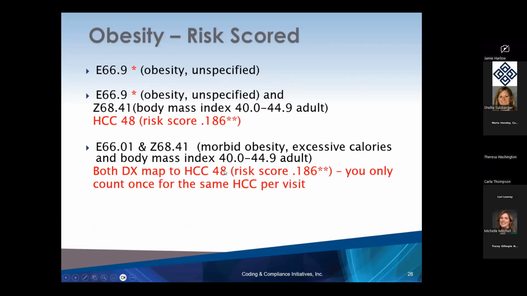So we only count this one time per visit. So just because we got them both in here, they both score at 0.186, so we get credit one time. So from a value-based perspective, scenario 2 and 3 are identical from a value-based perspective.